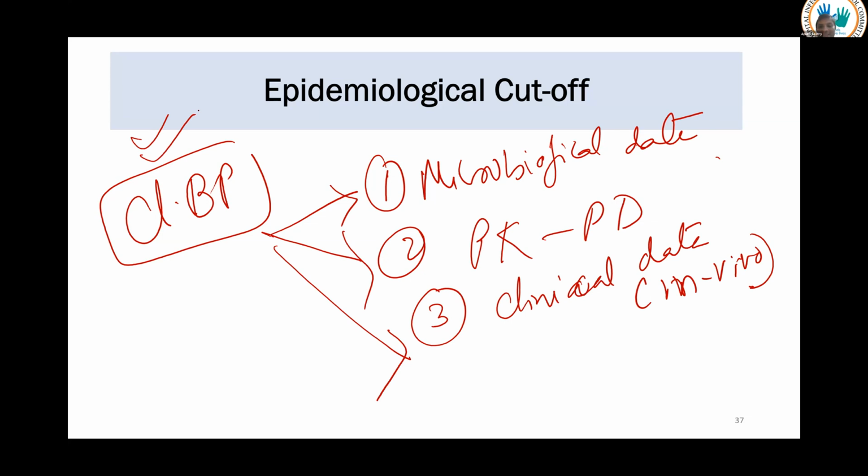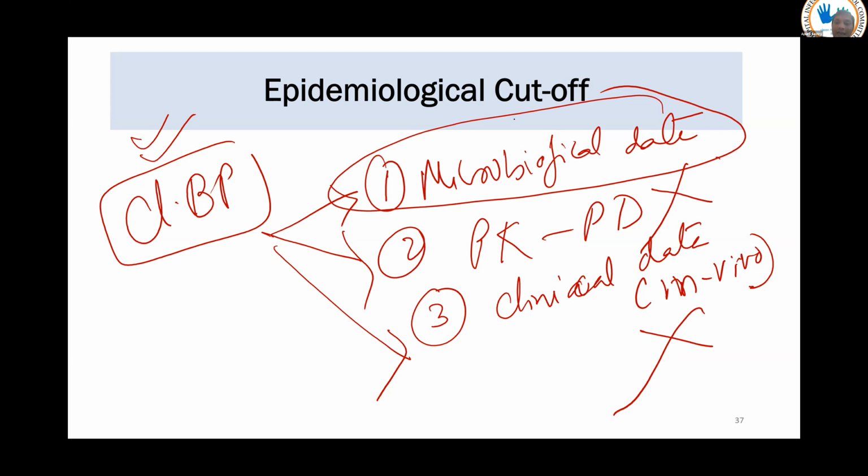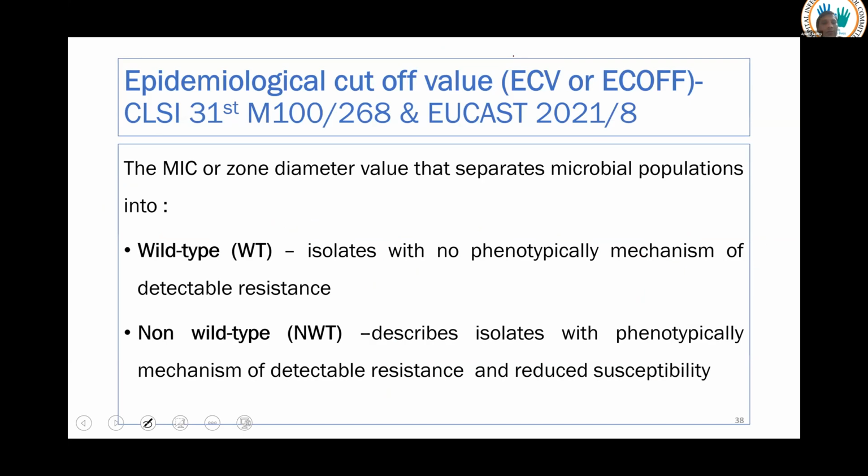However, in those situations where PKPD data is not available, clinical data is not available, and only microbiological data is available, that is the MIC distribution alone, then in such a case you can only give an epidemiological cutoff breakpoint. You cannot have a clinical breakpoint. So, what do you mean by epidemiological cutoff breakpoint? First of all, it is not a clinical breakpoint. It is a breakpoint which separates the organism population into wild type and non-wild type strains.